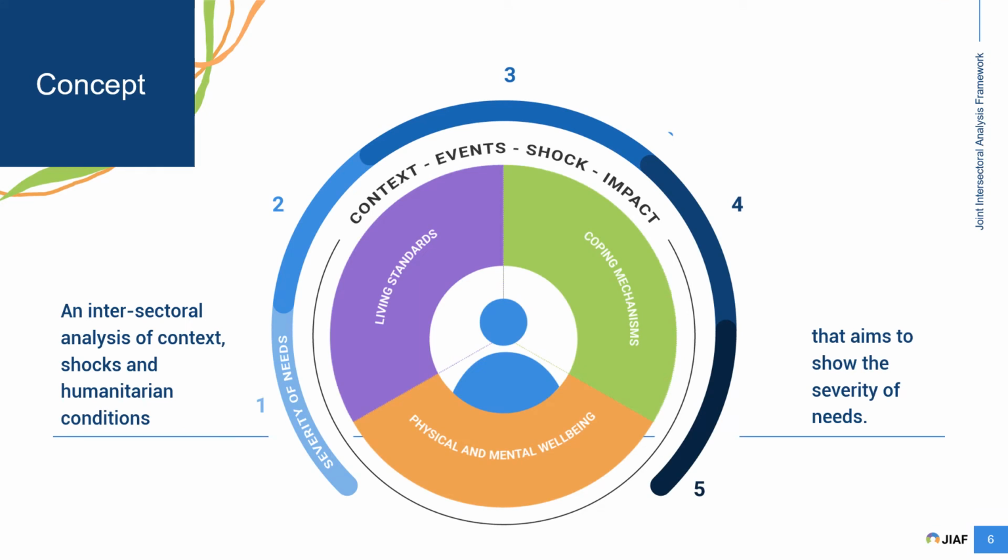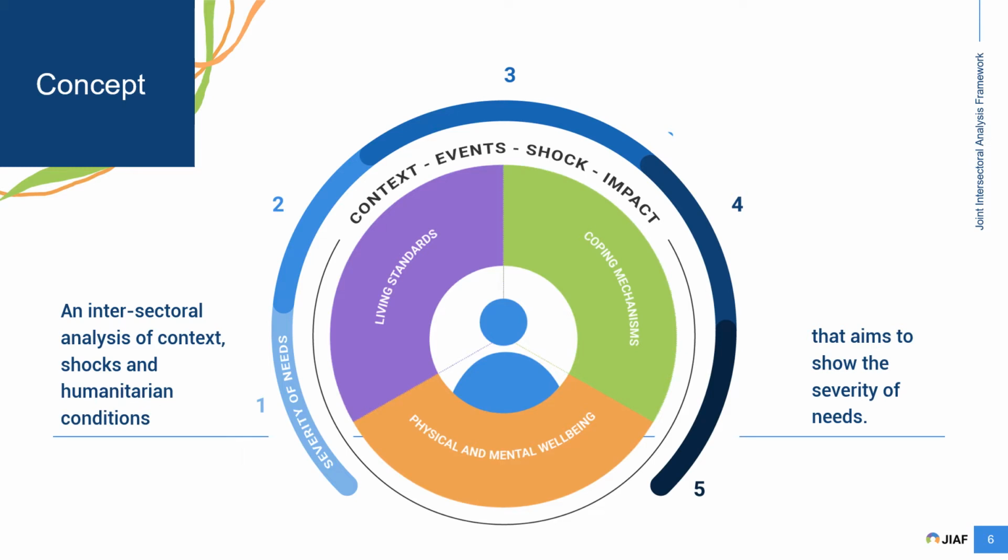So what is the JIAF concept? The JIAF provides humanitarian actors with a common analytical framework and a system to gather, structure and synthesize information regarding the intersectoral needs of populations in crisis.